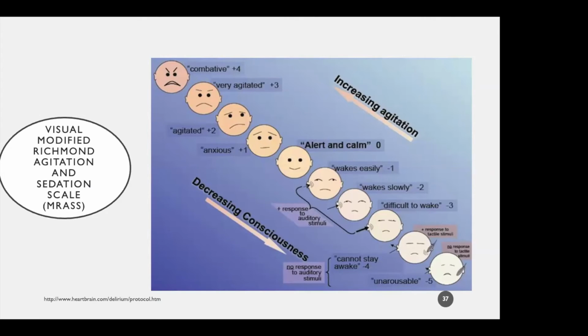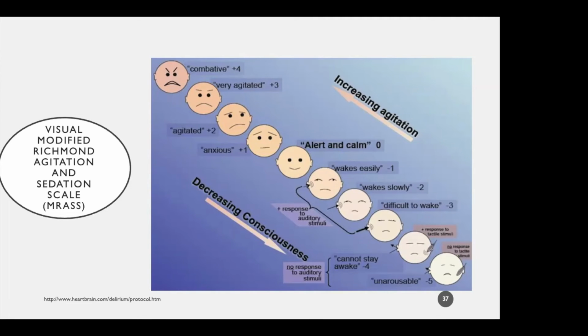The downward arrow leads to decreasing consciousness, and the upward arrow, increasing agitation. Looking at the downward arrow, it says wakes easily, wakes slowly, difficult to wake, cannot stay awake, unarousable. I have included the link there.